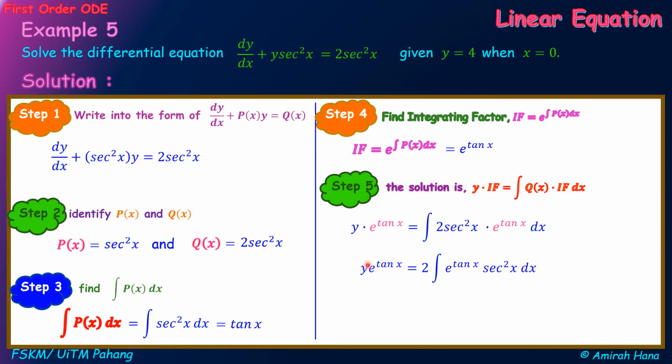So we have y e to the power of tangent x equals, moving the constant out of the integration sign, 2 times the integration of e to the power of tangent x sec squared x dx.